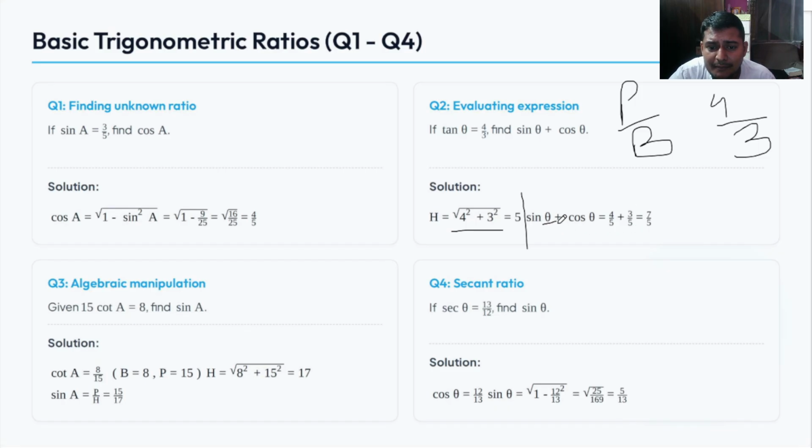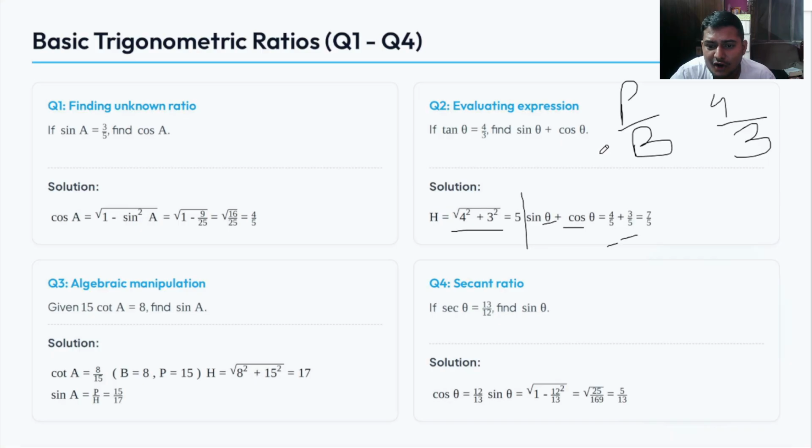So sin theta plus cos theta equals 4 by 5 plus 3 by 5. The LCM denominator is 5. So 4 plus 3 is 7, and the expression comes out to be 7 by 5.